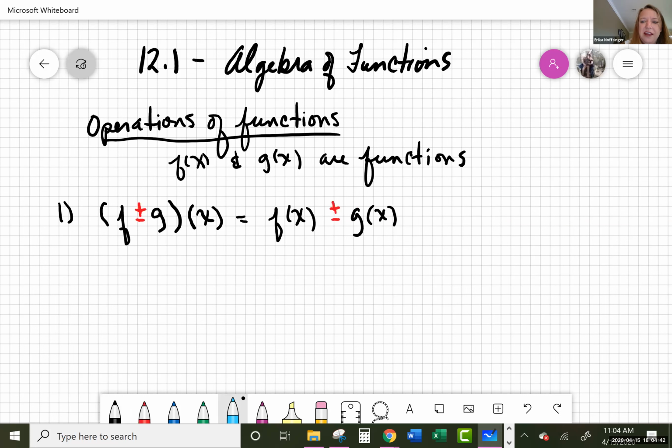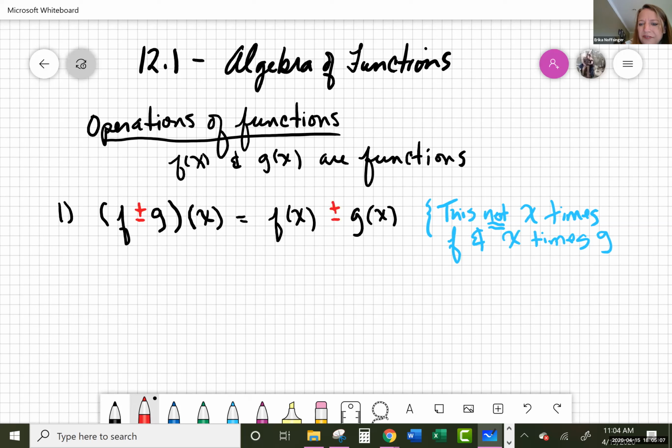Okay, I just want you to be careful. This is not x times f and x times g. This is just adding or subtracting both functions together.